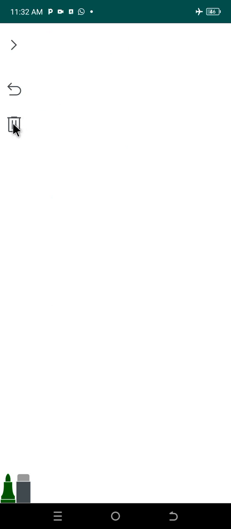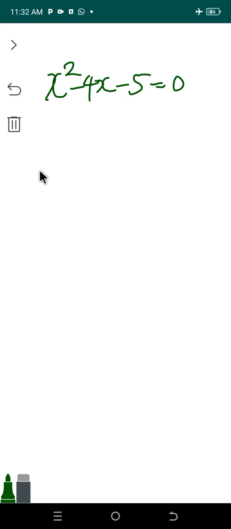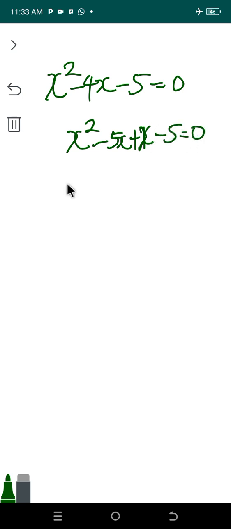So now let us have a fresh board and consider this: x to power 2 minus 4x minus 5 is equal to 0. Now we have x square minus 5x plus 1x, which is x, minus 5 is equal to 0.